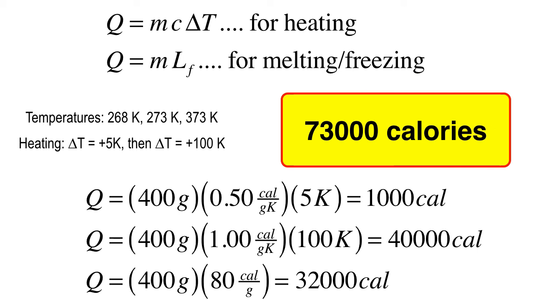73,000 calories. For us to help the polar bear make a cup of tea, you have to say to yourself, do I have that much energy left in my propane tank? Or do I have to go get a new propane tank? Now, this is not a huge amount of calories. It's not even a liter of water. It's not even a 20-ounce bottle of water.